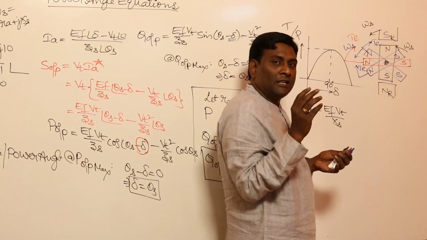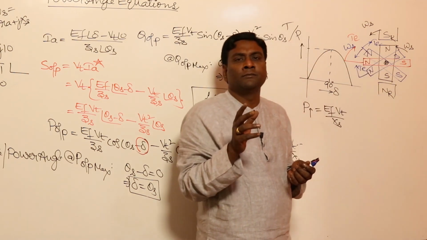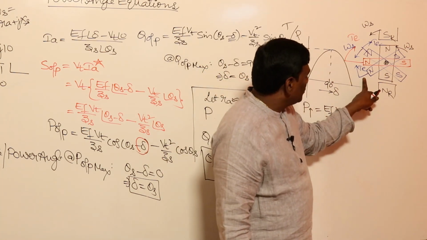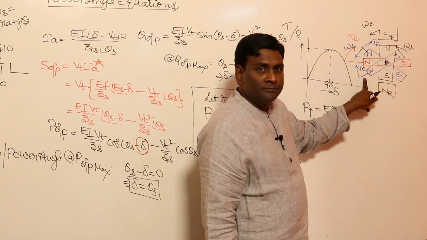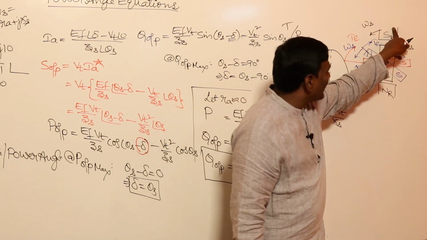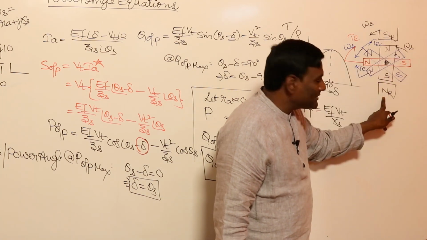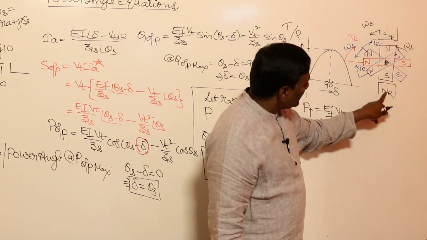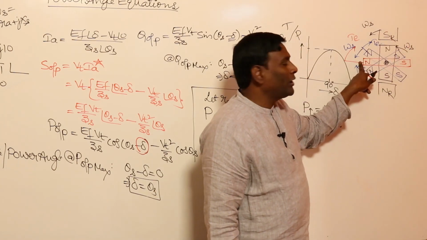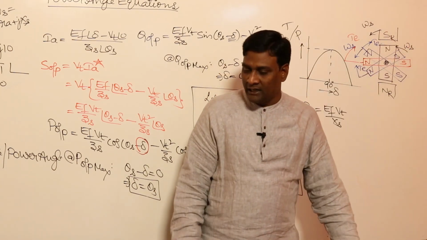This discussion is going to help you much in salient pole machines, which will come soon. If you compare the torque here and here, here is the maximum torque. Here, attraction is more, repulsion is less. Here, repulsion is more, attraction is less. So the maximum is going to happen when delta equals 90.